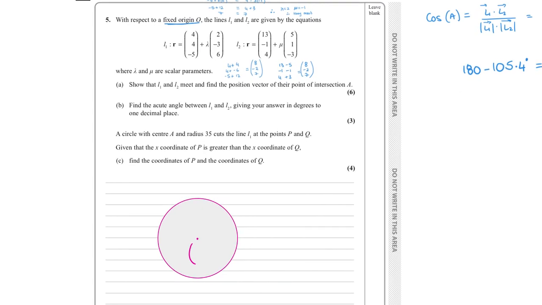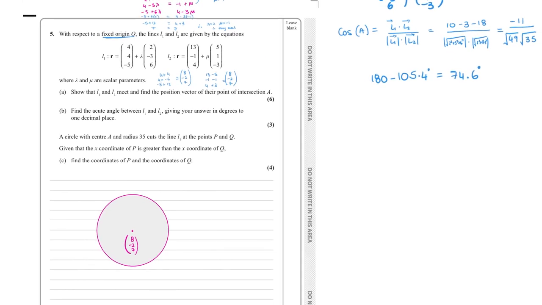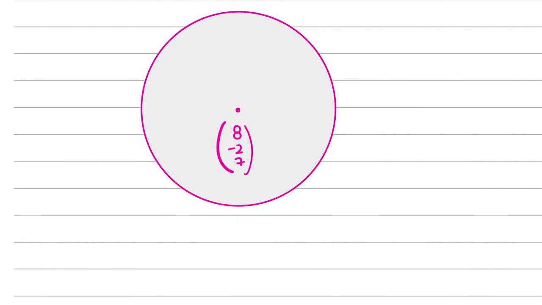This is (8, -2, 7). Now, what do we know about A? A is where L1 and L2 meet. It's where they intersect, okay?